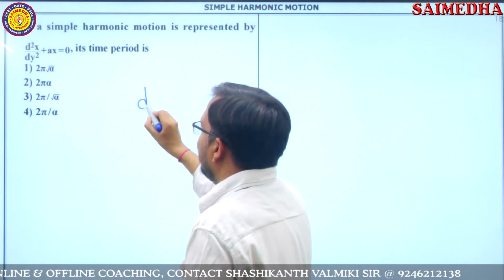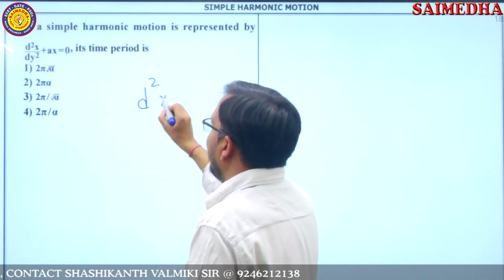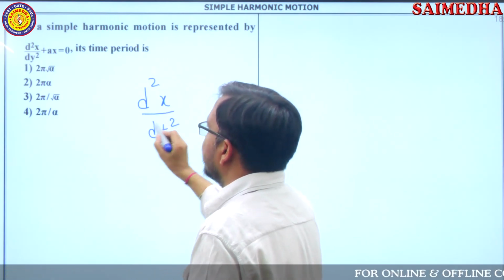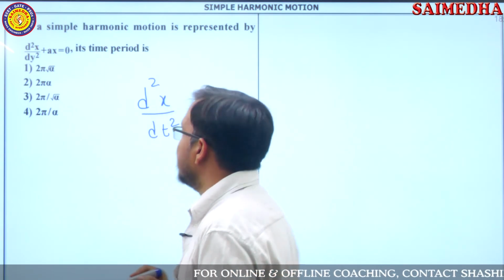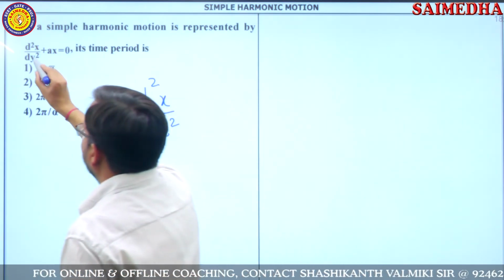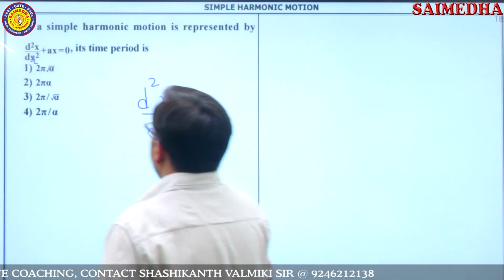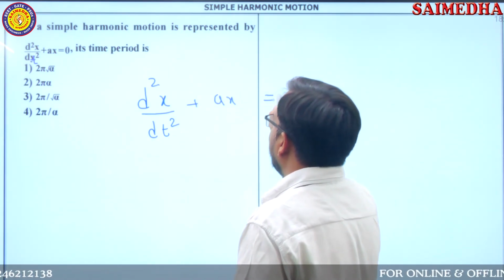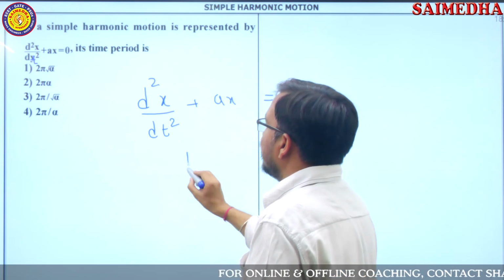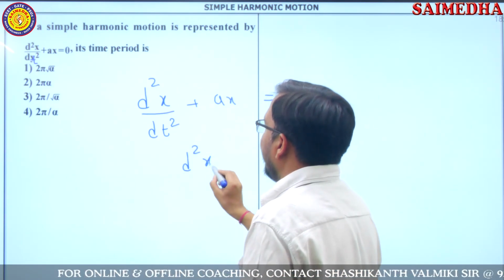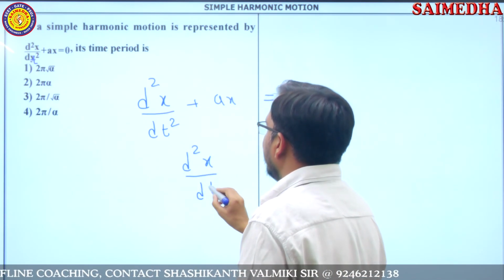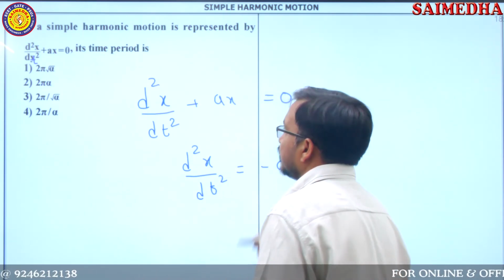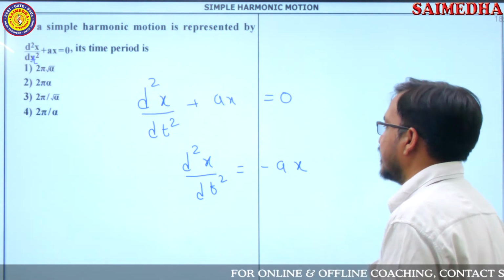Next question. A simple harmonic motion is represented by the equation d square x by dt square plus a x equal to 0. Actually this is dt square, not dy square. Now, I am writing this equation as d square x by dt square is equal to minus a x.